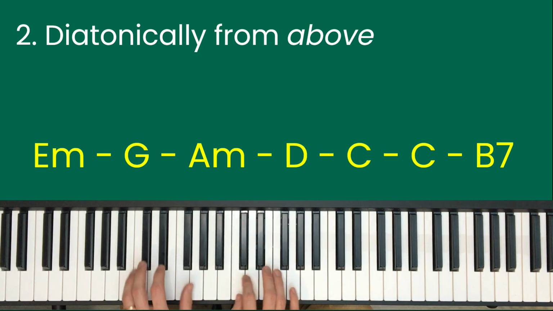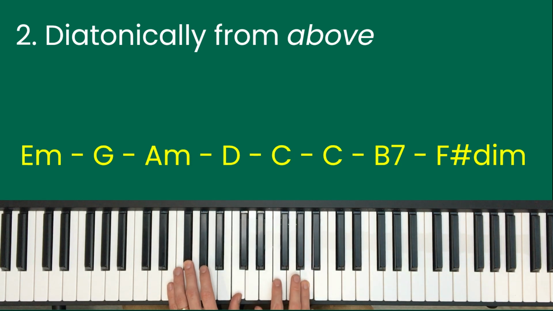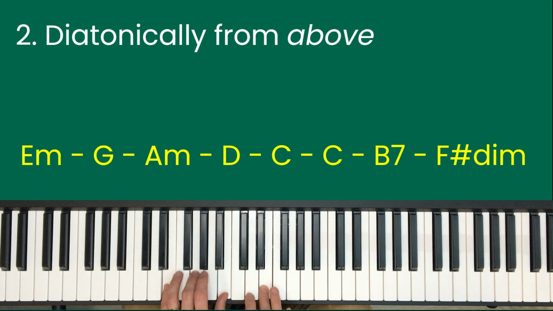We're already on C, so we'll keep that 7, and then F sharp diminished, E minor. Now I really like that B7 as a resolution to E minor, but again, for the sake of this exercise, we'll be doing our F sharp diminished to E minor.